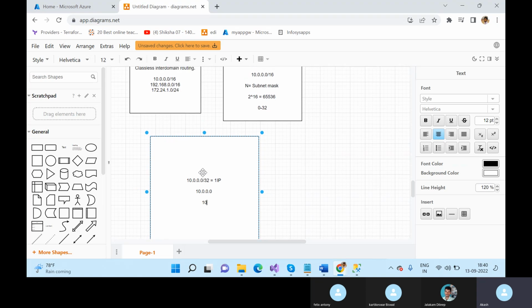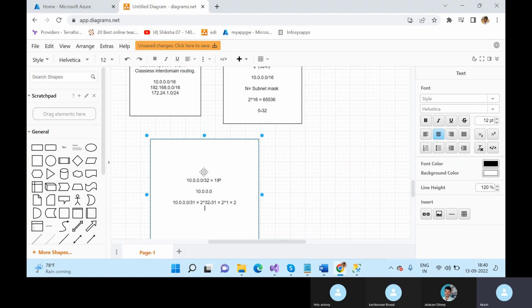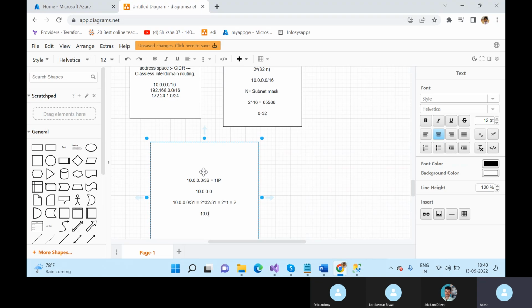As I proceed further down, let me put 31, which is 2 to the power of 32 minus 31, which is 2 to the power of 1, which is equal to 2. So I can have two IPs. What are the two IPs? 10.0.0.0 and 10.0.0.1.